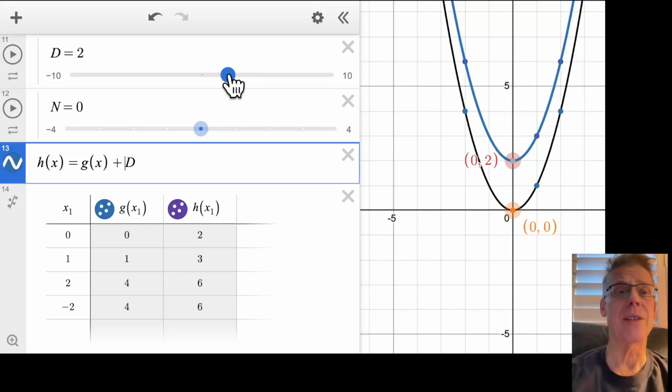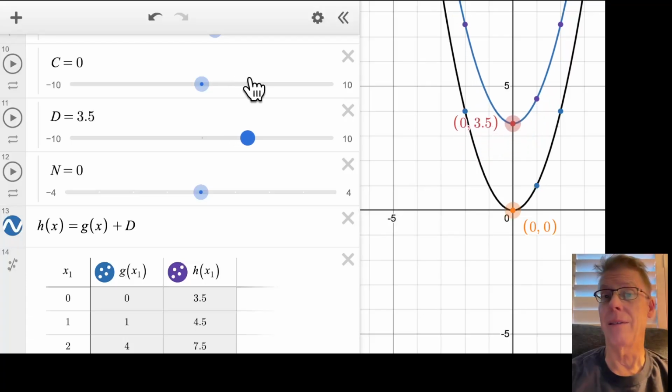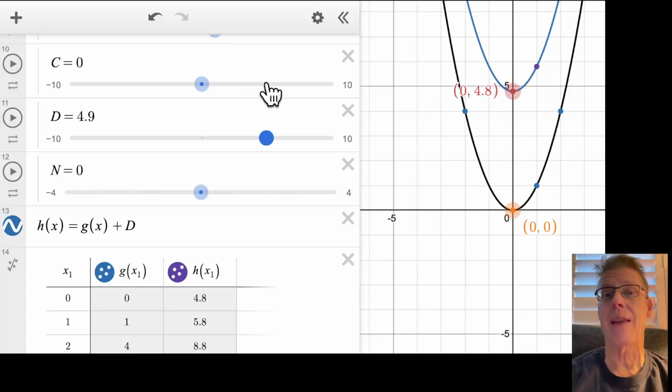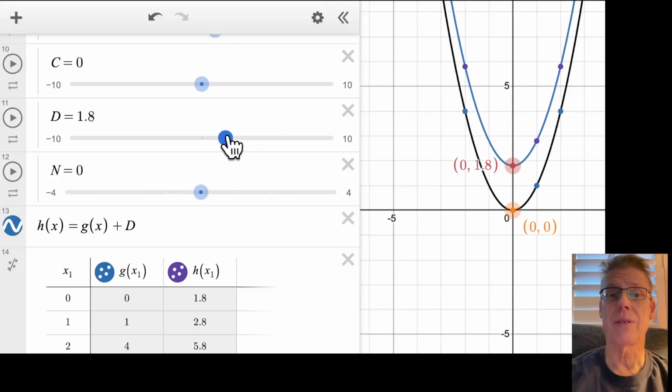And what's great about that is your intuition sort of corresponds with what's happening. You add a bigger number and it's even higher. The greater that number is that you're adding to the function, the higher it is. If I'm adding a lesser number, it's not going to be as high.